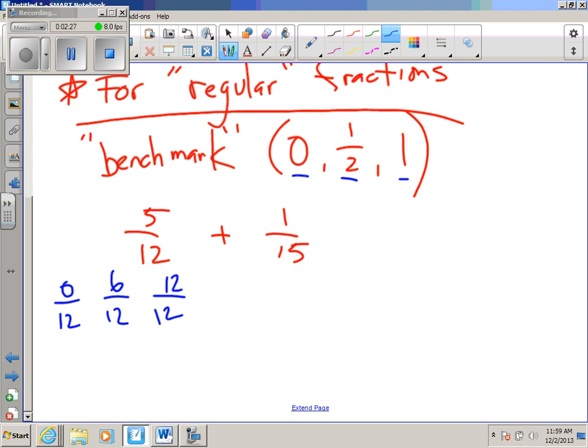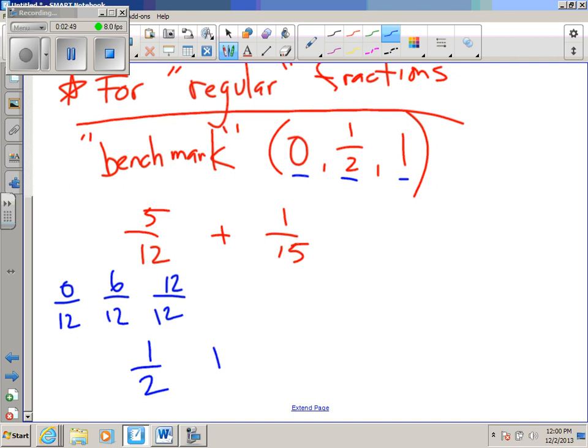Okay. So that's ultimately what you're going to be focusing on. Is this 5/12 closest to 0/12, which would be 0, 6/12, which would be half, or 12/12, which represents the whole? Yeah, 6/12, which represents half. So I'm going to use that half when I add.